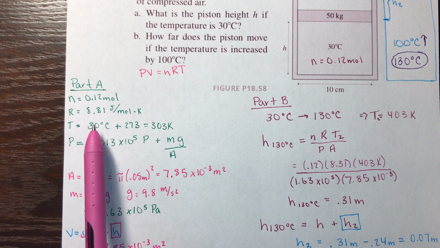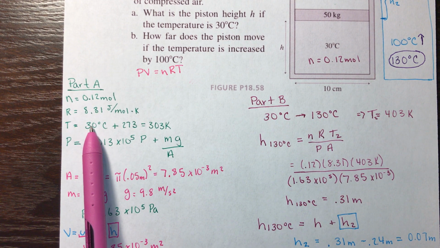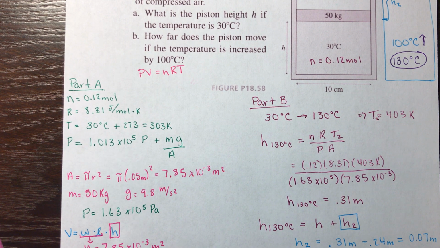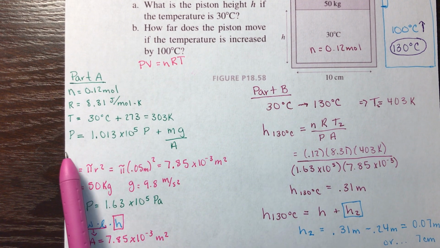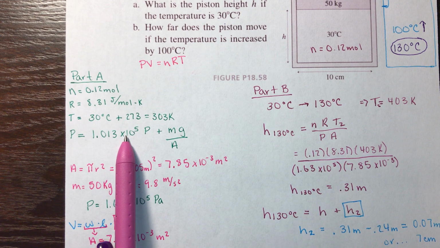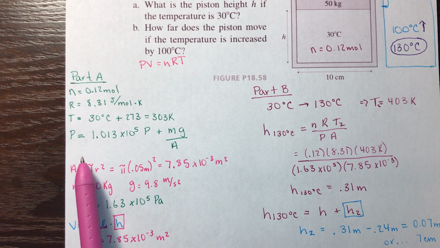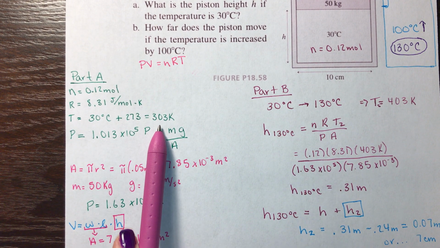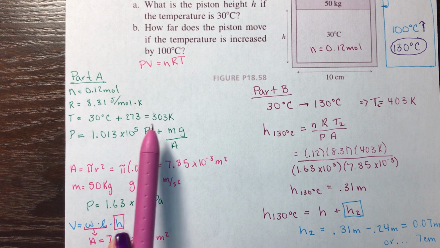R is always the same, and in this case, we are using 8.31 joules per mole times Kelvin. Temperature given is 30 degrees Celsius, but we need it in Kelvin, so just simply add 273 to convert it to Kelvin, and we get 303 Kelvin.